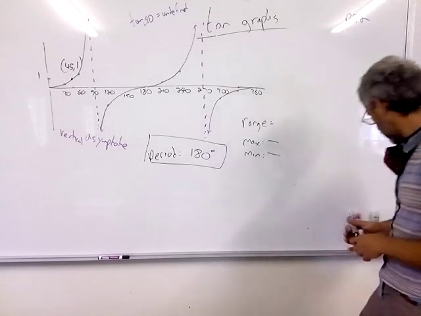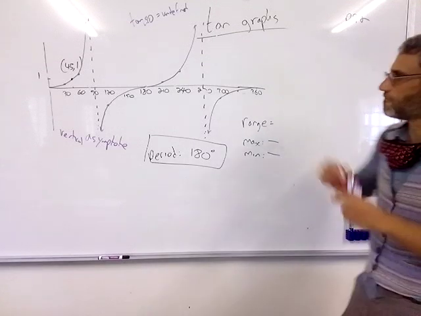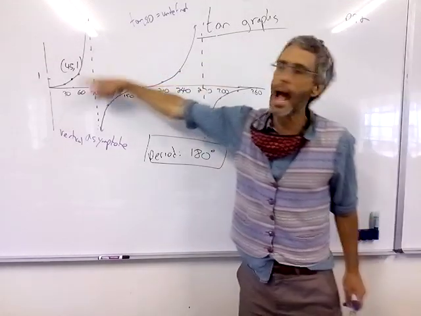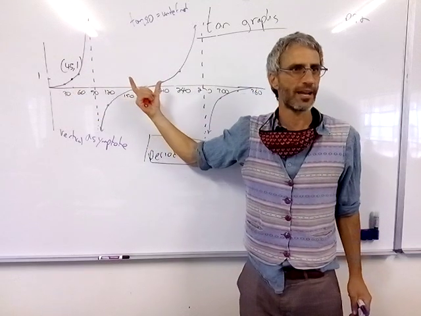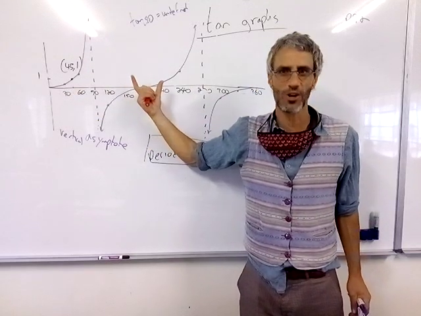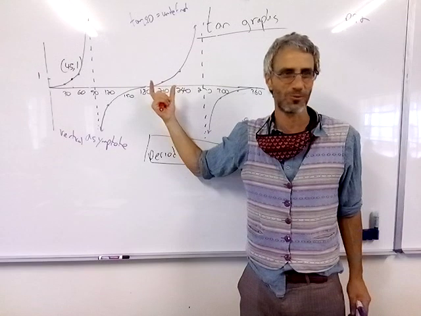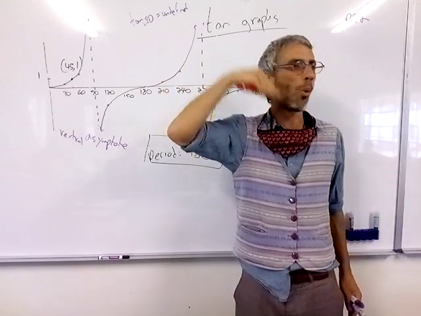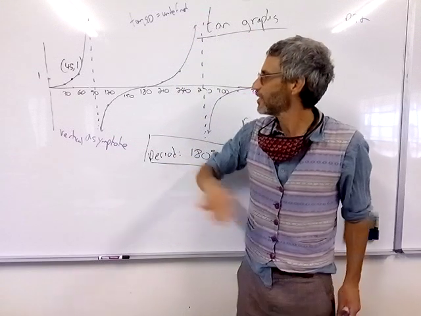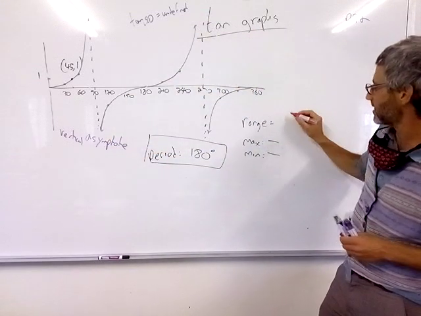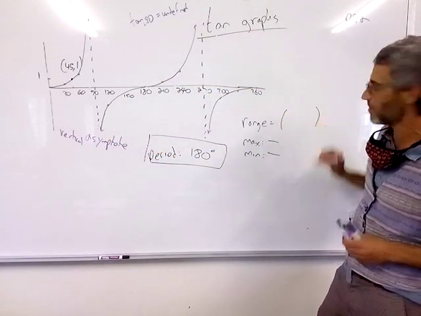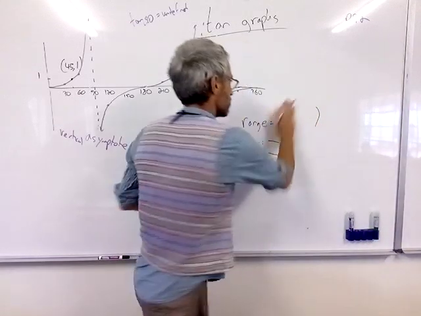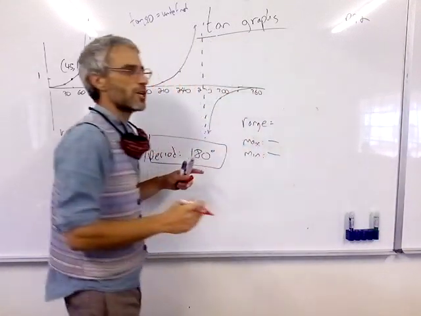When we're looking for the range, we're looking for the values of the y, not the values of the x. And I think I might have told you last lesson it is the value of the x between 0 to 360. If I did, that was wrong. We need to look at the values of the y. So what are the values? This is exactly what Hinkel was just telling me a little while ago. What are the values of the y?